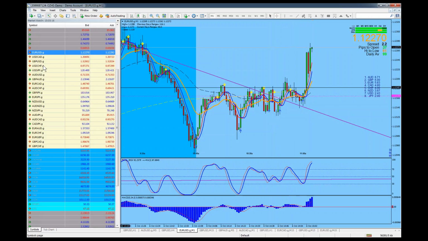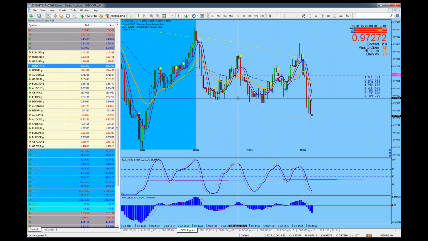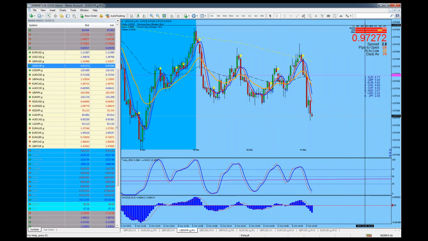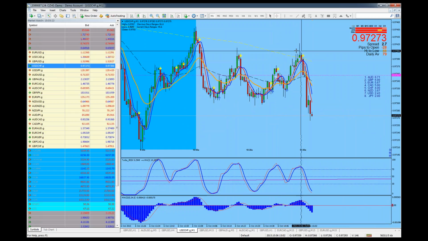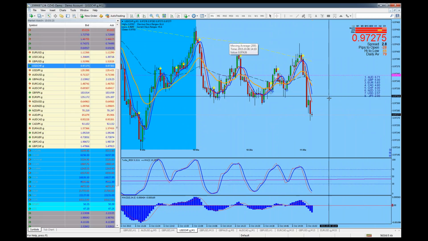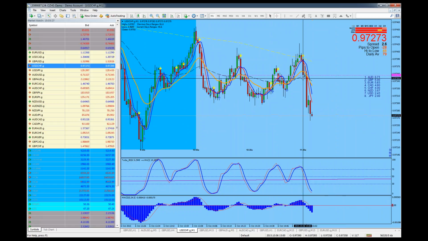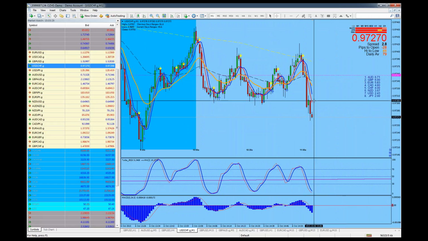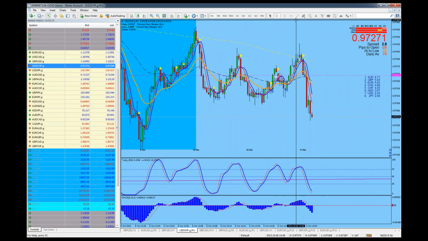Okay, so let's go Dollar Swiss. Again, you see here blood red. We got a bounce off of our 200 here, and we've got an arrow, a little bit iffy, but I'd like to see a little divergence, which we have, and I'll show it to you. This is more the typical thing.